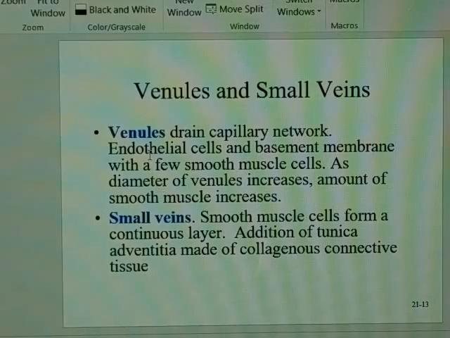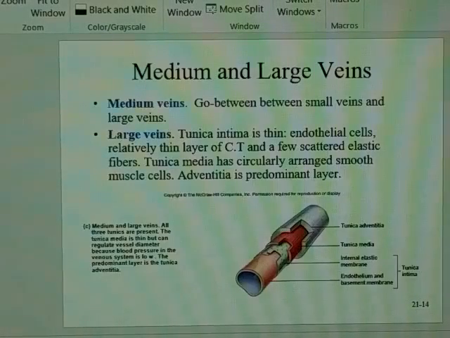So as we go from extra small to small veins, we move into medium and then into large veins. Medium veins are simply the go-between. They are allowing for the connection from that small to the large.